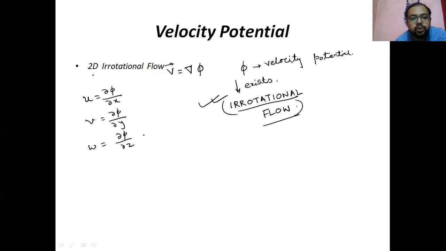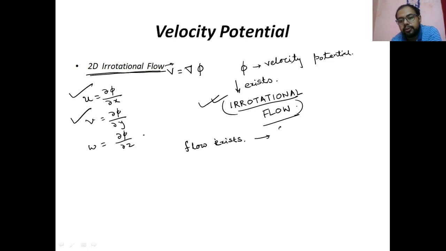Now our consideration is 2-dimensional irrotational flow. So for 2-dimensional irrotational flow, the velocity is u and v, only these two we are considering here. Okay. Now, how do we know the flow exists?